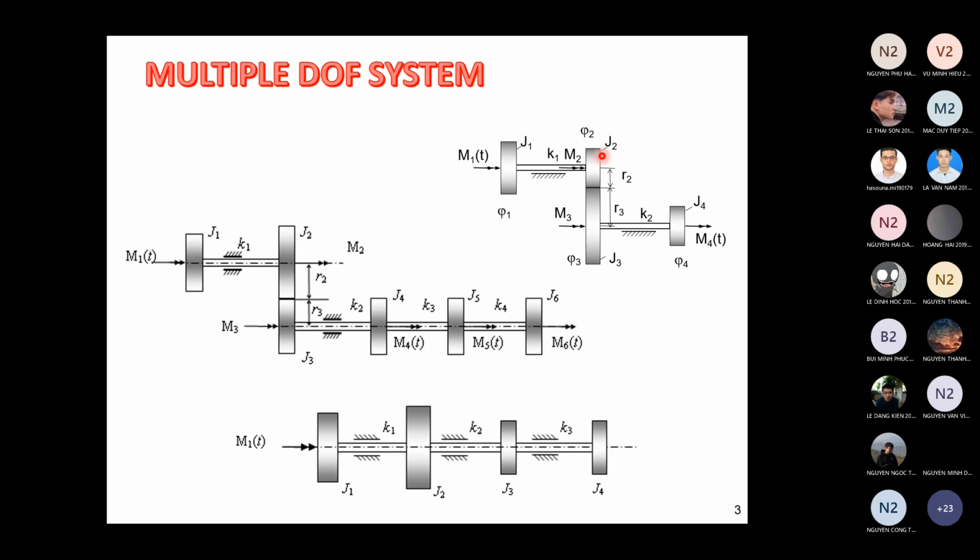Okay, and the gears here are connected to each other. Not only 1, 2, 3, and 4 gears here, but we can go up to 6 gears or n gears. Yes, this is called a multiple degrees of freedom system. So you will have at least 2 bodies in your system.